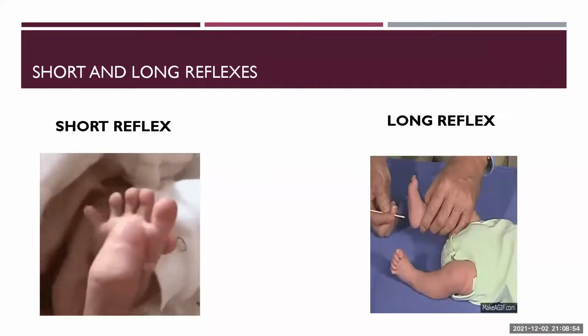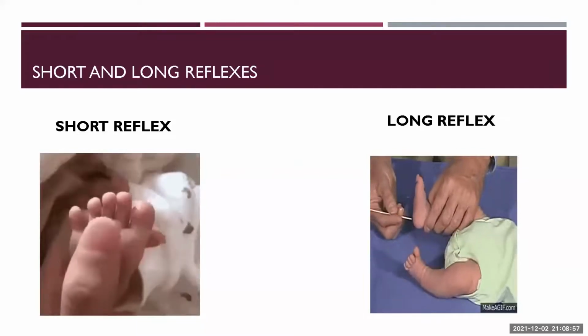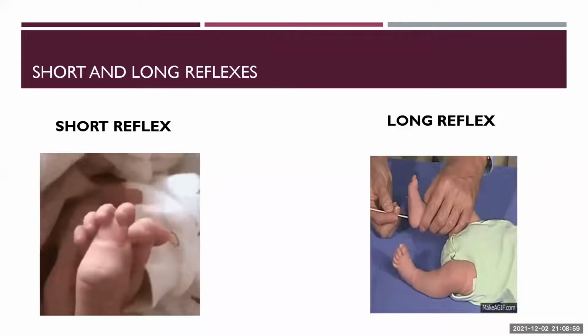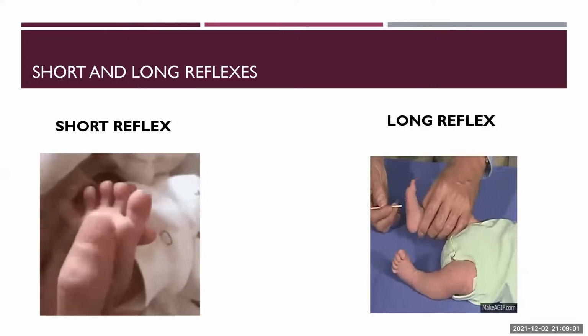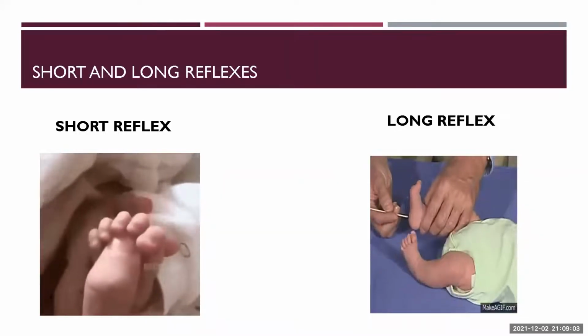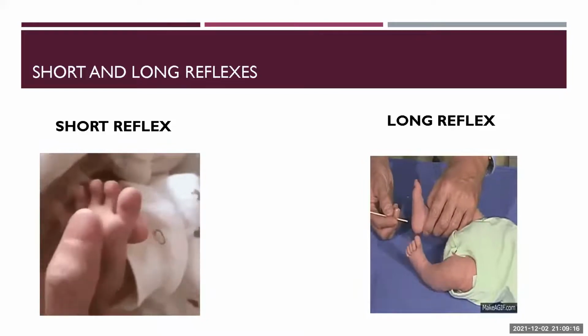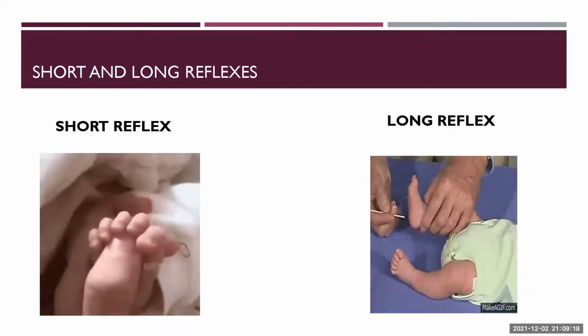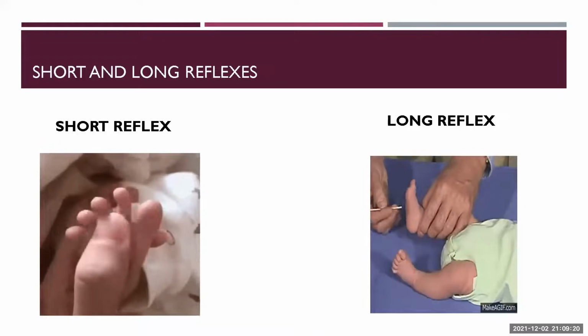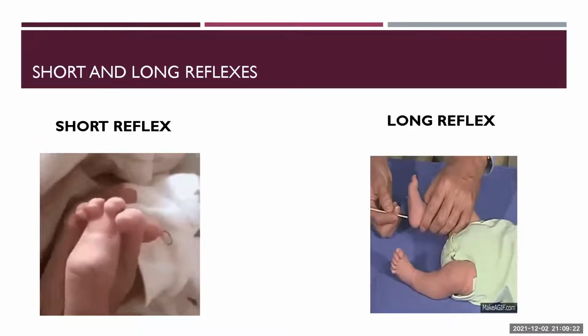As I said in the last class, what is short reflex and long reflex? Short reflex is nothing but when a stimulus is given and the reflex is produced in the same part, so that is known as short reflex. In opposite to that, long reflex is when a stimulus is given to a part of the body, the reflex will be produced in another part.